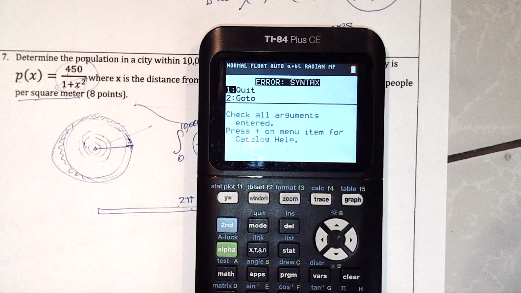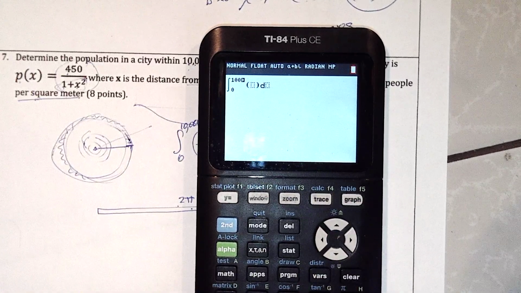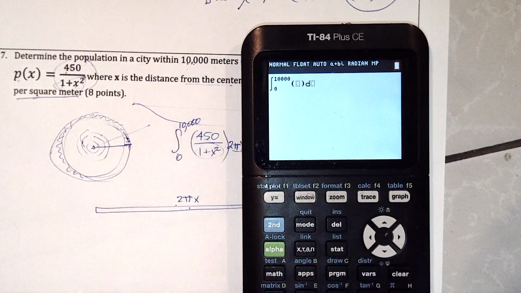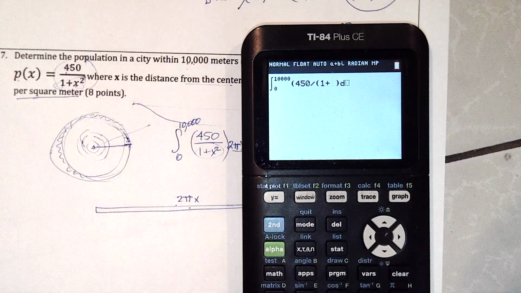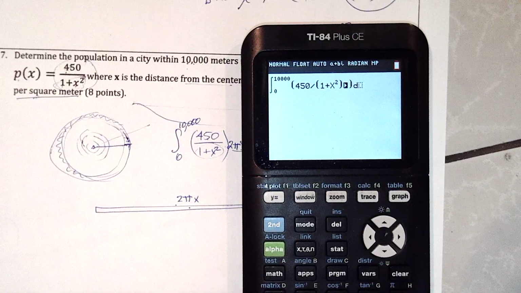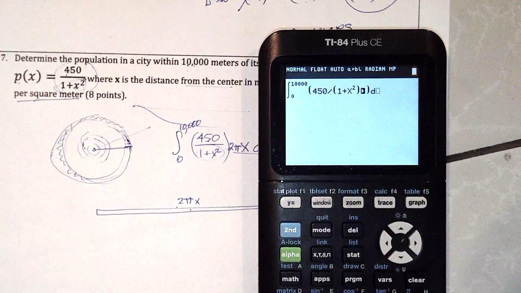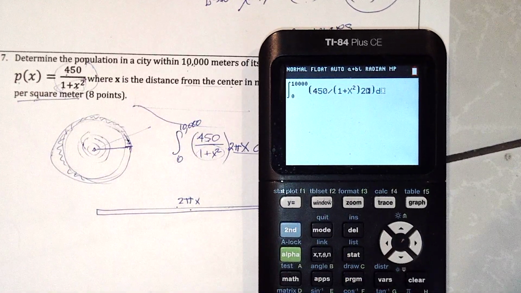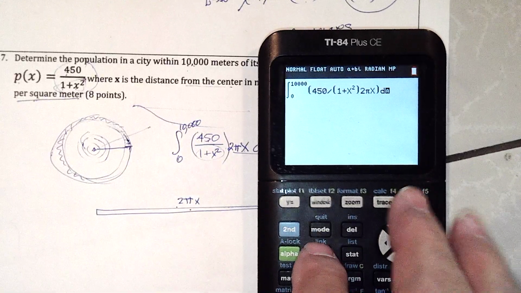I do that from 0 to 10,000 of 450 divided by parenthesis 1 plus x squared times 2 pi x dx.